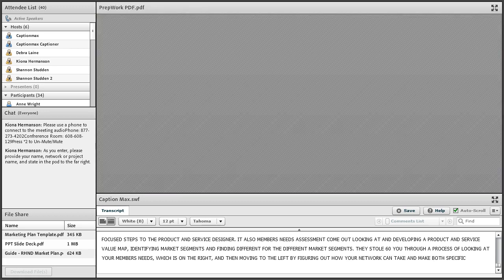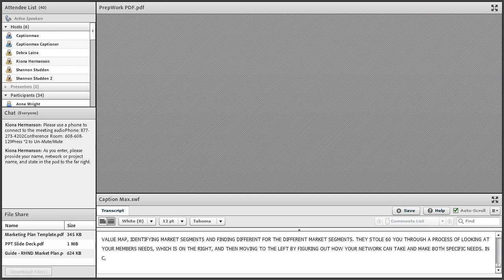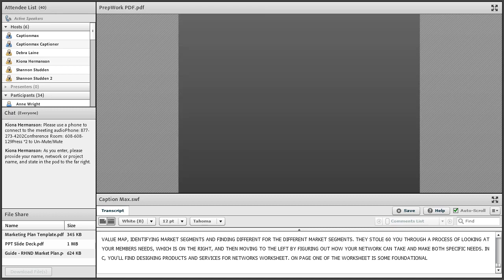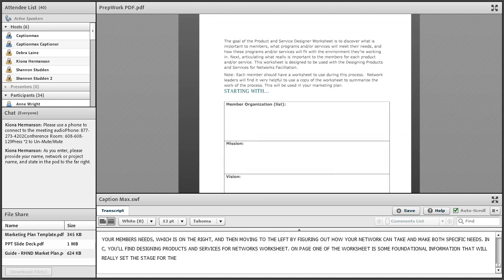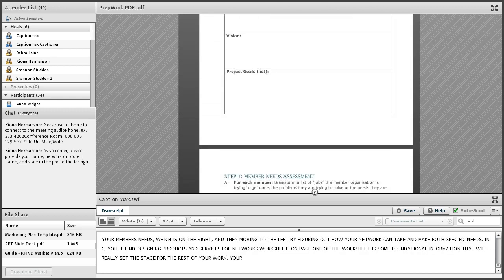This tool takes you through a process of looking at your members' needs, which is on the right, and then moving to the left by figuring out how your network can meet those specific needs. In Appendix C, you will find the Designing Products and Services for Networks worksheet.